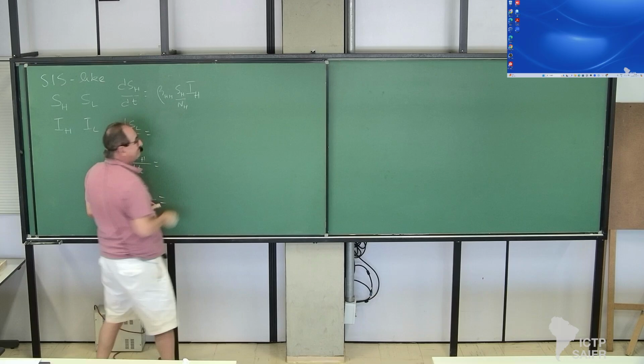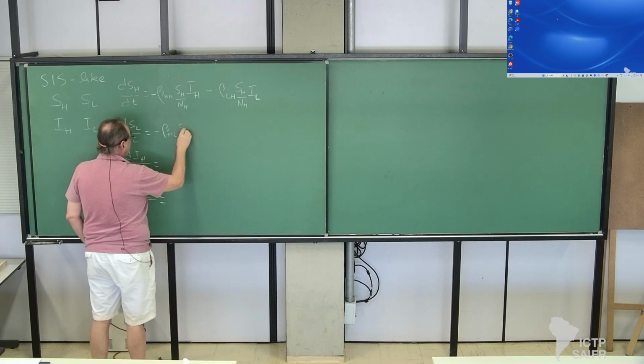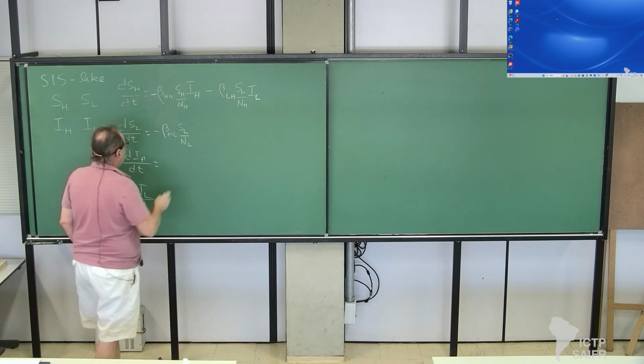And now for the next equation, it's just the same thing. So you will take minus beta_LH S_L over N_L, total number of low risk, times the high risk, minus beta_LL S_L I_L over N_L.